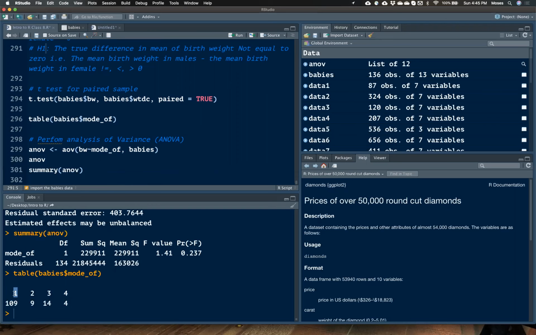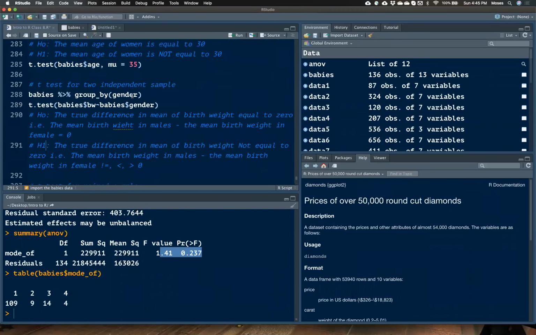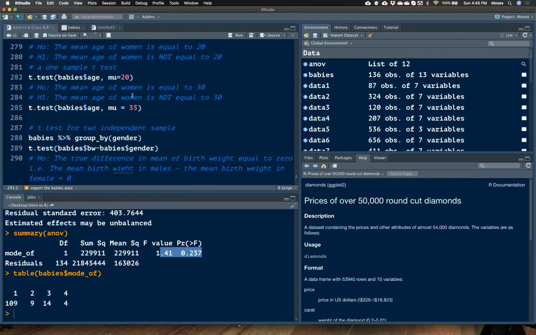But at least one of these should be different from the other. So that's the alternative hypothesis. Now, here we fail to reject our H naught because the p-value is more than 0.05, and we conclude to say that they are the same. So this is all what I had for today.